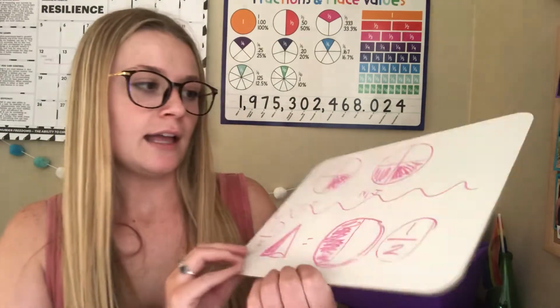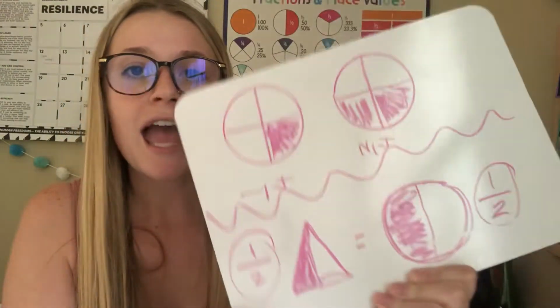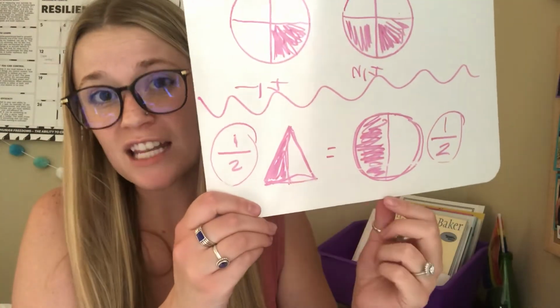As long as we are comparing the same whole, two identical things, and not two things that are not identical, we can use a visual model and trust it, okay? All right, so deep breath.